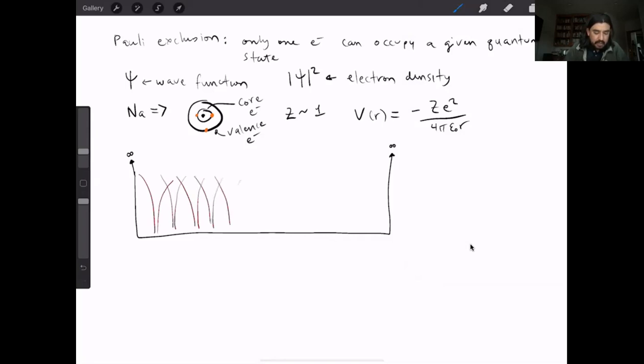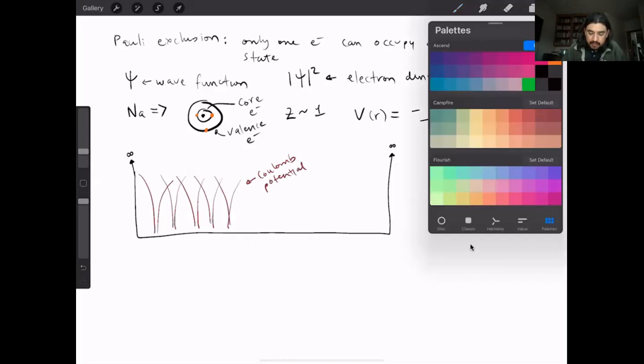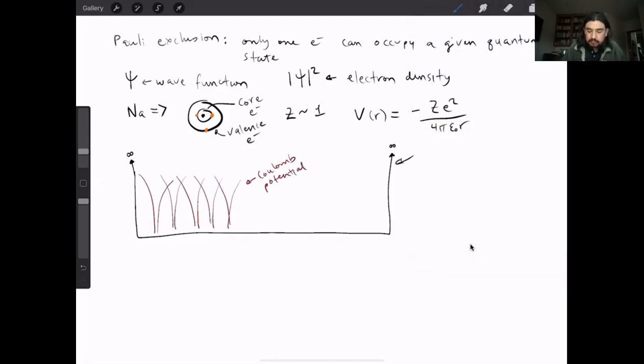But the idea in this Fermi gas interpretation is that this is the Coulomb potential, the Coulomb interaction right here. And this one is the crystal. So everything is bounded to be inside the crystal.